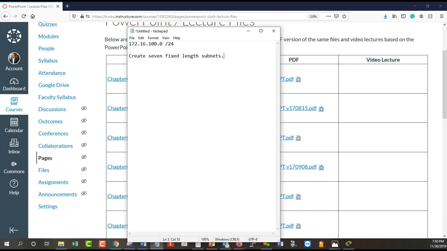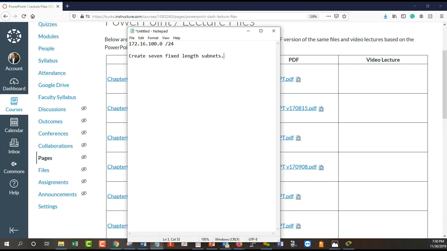Remember, there are 32 bits all together. Okay, so there are 8 host bits, and therefore the remainder, 32 minus 8, is 24 network bits.